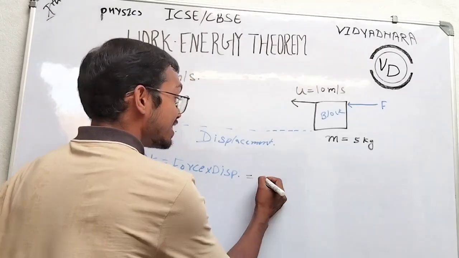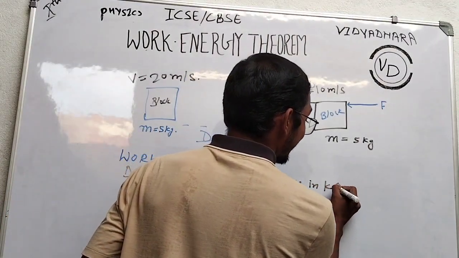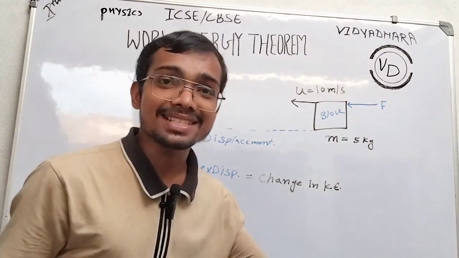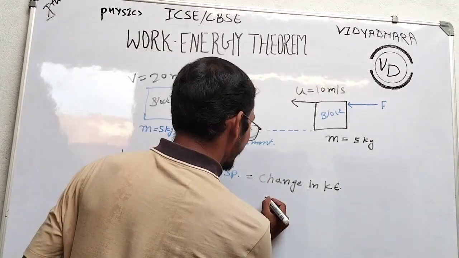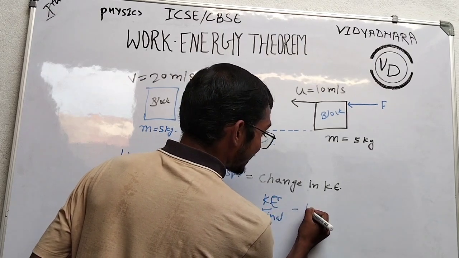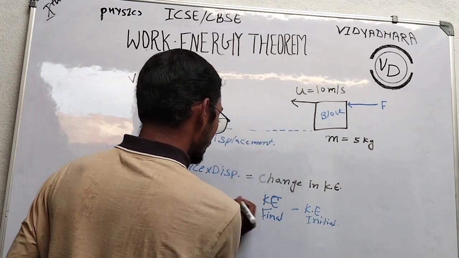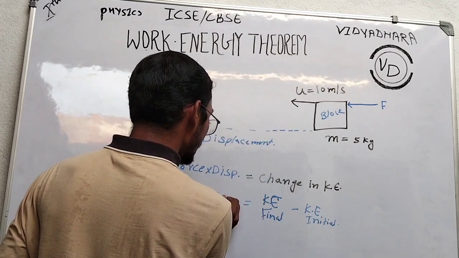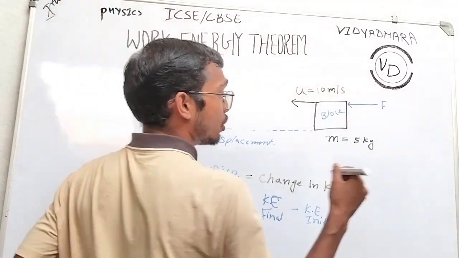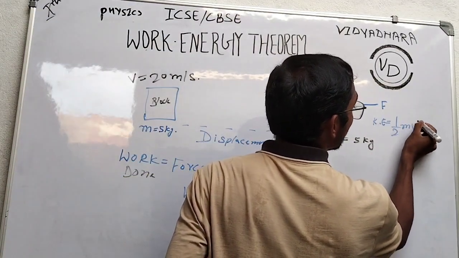Another way is work done equals change in kinetic energy. That means kinetic energy final minus kinetic energy initial. This is the work done. The formula of kinetic energy is half mv square.